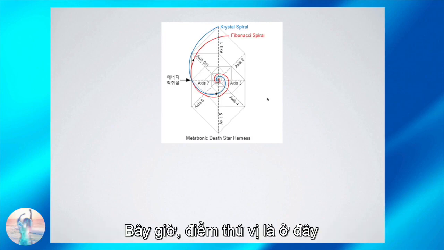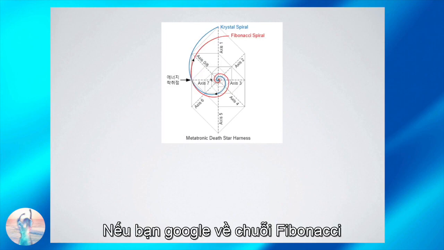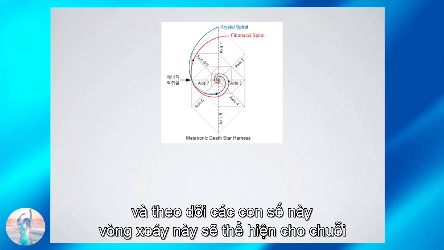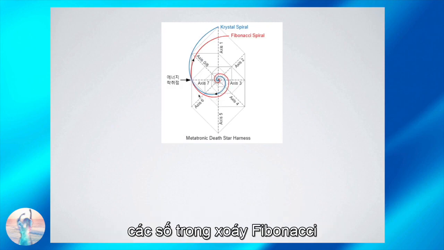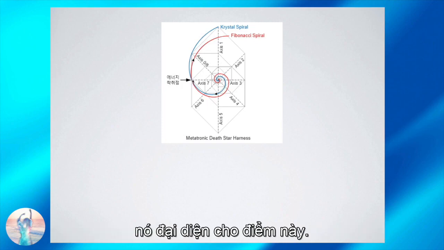Now, what's interesting is this point here is where the two spirals will cross. If you Google the numbers of the Fibonacci sequence and follow the numbers, this spiral would be a representation of the numbers of the Fibonacci spiral. On the Fibonacci spiral, you get the number 144, which would be at this point here.